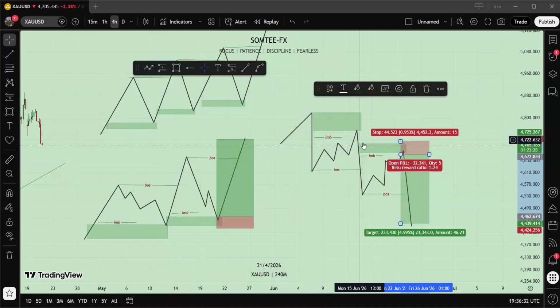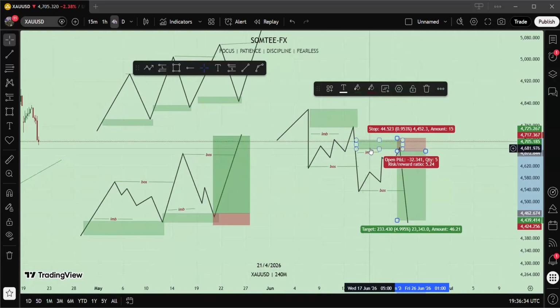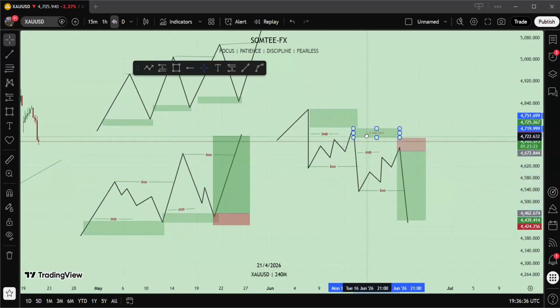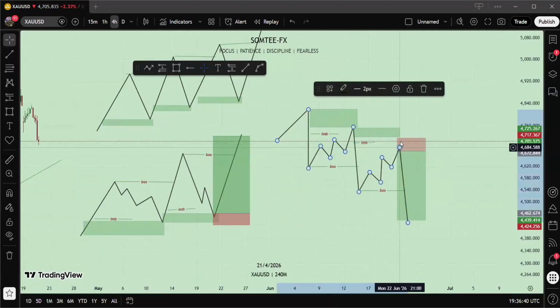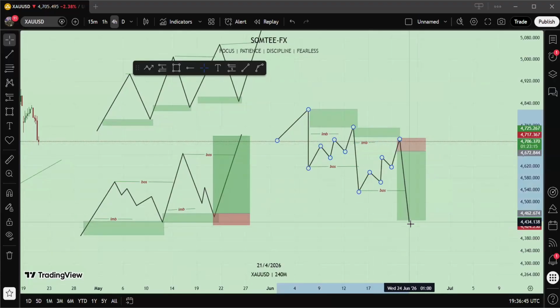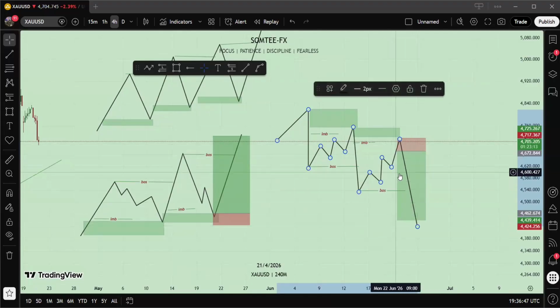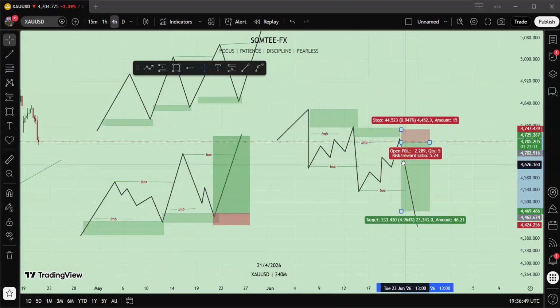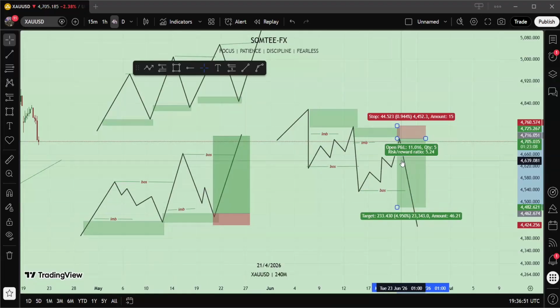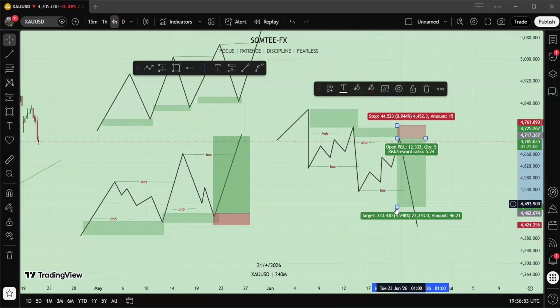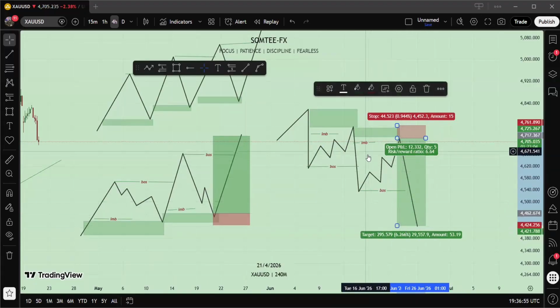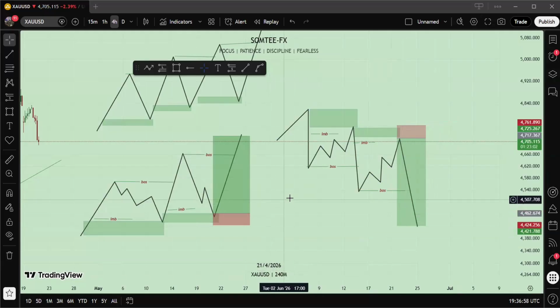The order block is meant to be here, and the imbalance should be here, and this one should go like this. Buying like this and selling like this. So that's just how it is.